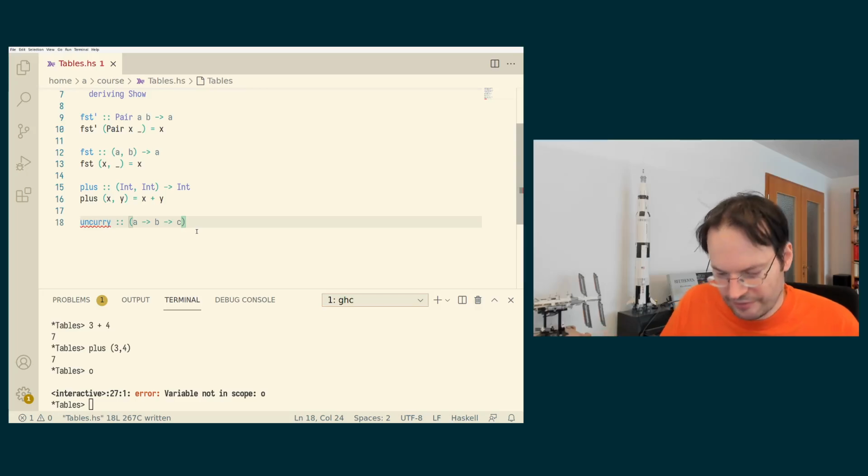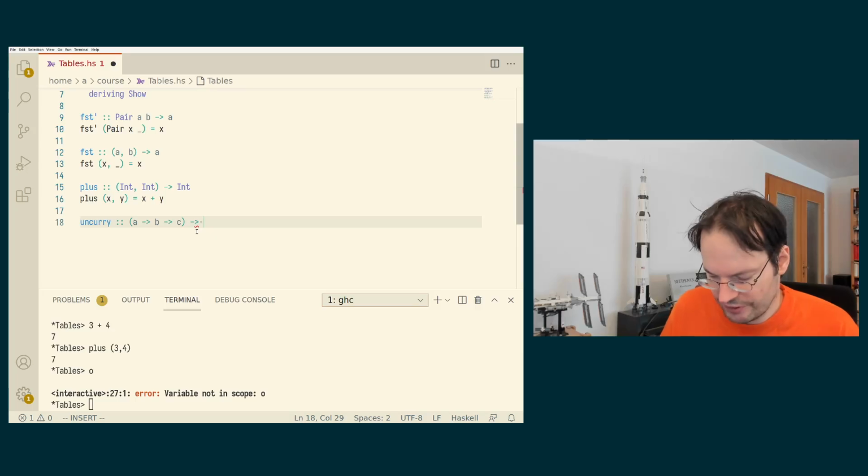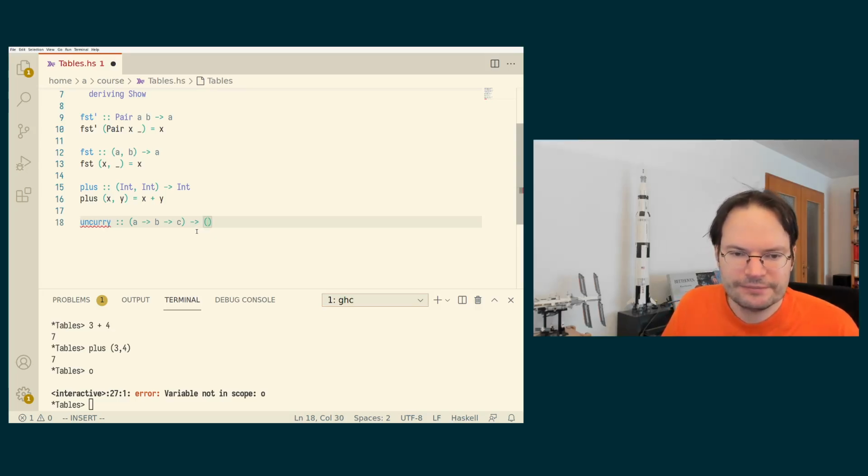Any two-argument function fits into this pattern. And it turns this two-argument function in curried style into a function that expects a pair of two arguments. So into a function that expects a pair of an A and a B and turns that pair into a C.